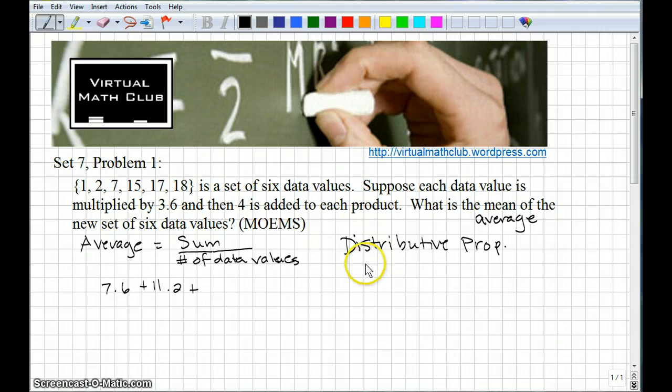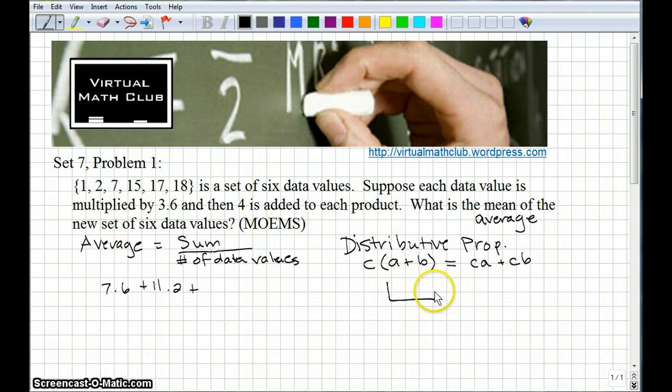Basically, the distributive property says that if you have a number C and you take it times the quantity A plus B, that's the same thing as CA plus CB. C times A plus C times B. I use a lot of algebraic notation, so I leave out the times symbol there. I like to think of this as a basket of apples and bananas.